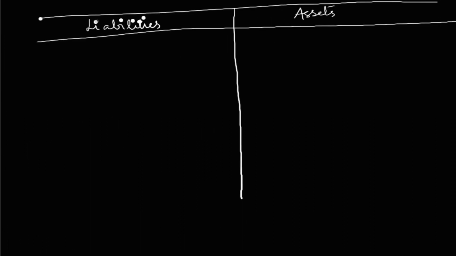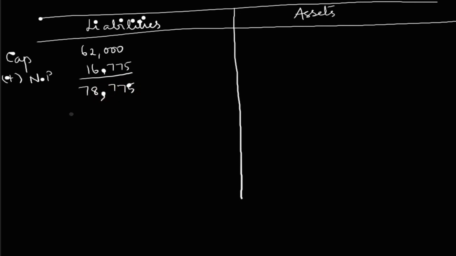Next we're going to see the balance sheet. So we have capital on the liability side, 62,000. The net profit needs to be added, the net profit from your profit and loss account. You have to deduct drawings, 5,245.